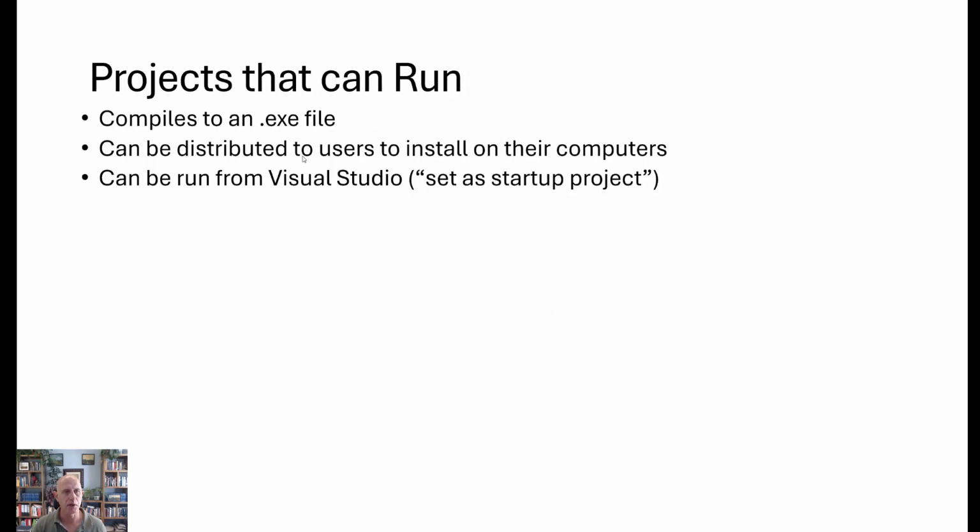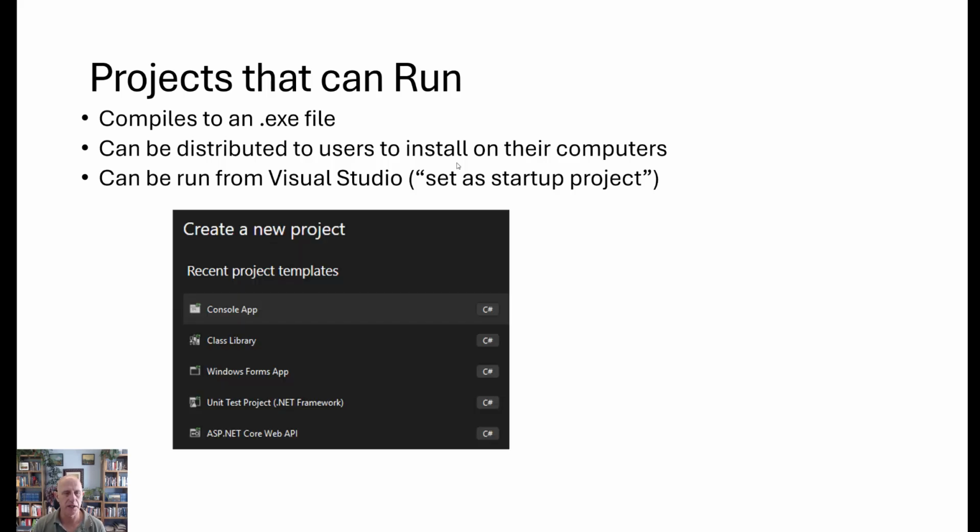And the projects that can run are those that basically compile to an exe file, and that means they can be distributed to users so that they can copy or install those files on their computers, and those projects can also be run from Visual Studio. If you right click on the project and you say set this as a startup project, you can run it and debug into that project.